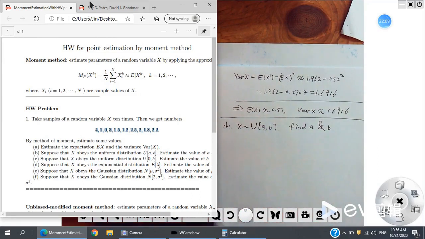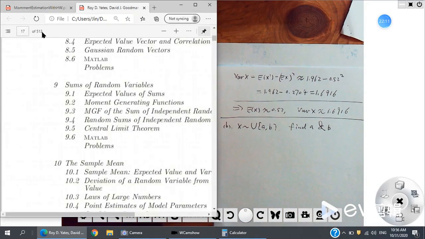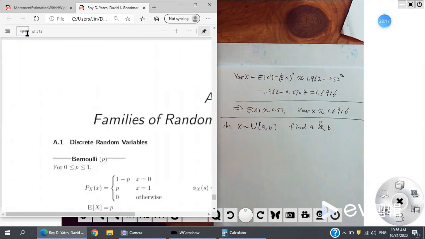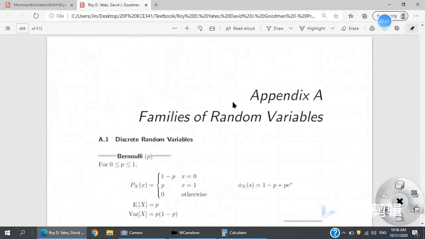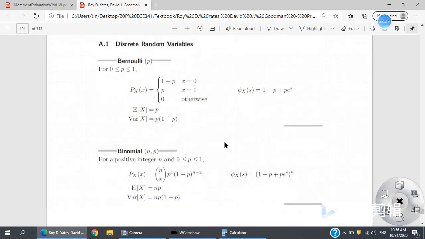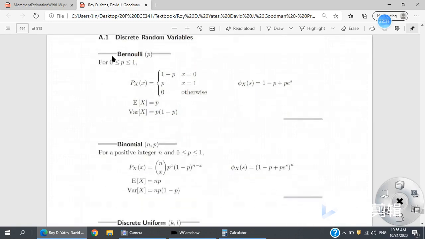So here you need to go to the appendix of the textbook. We have appendix A. We have a list of families of random variables, and we have the information about the mean and the variance. You see, the Bernoulli distribution: this is mean, this is variance. Now is a uniform, right?